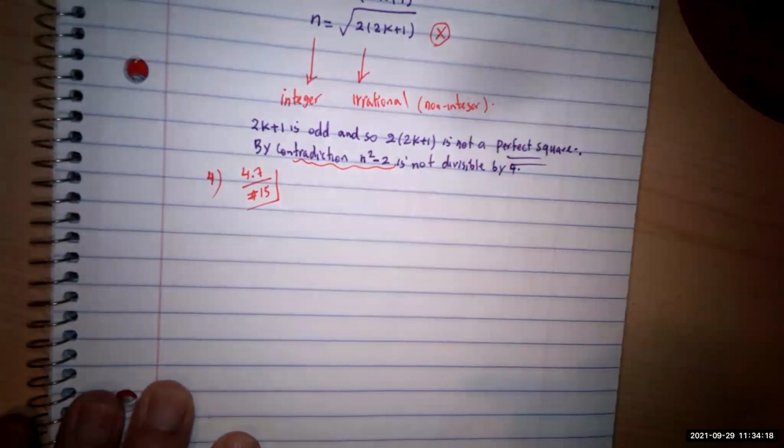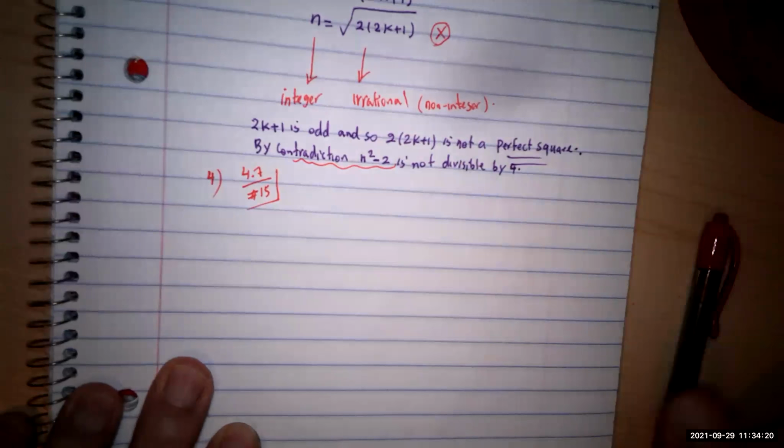Now this is much more general than the one that we did over here. This is that problem that we have. Let's write it down and explain it. What is the problem?